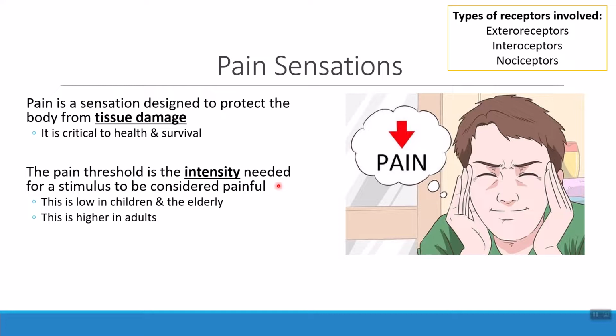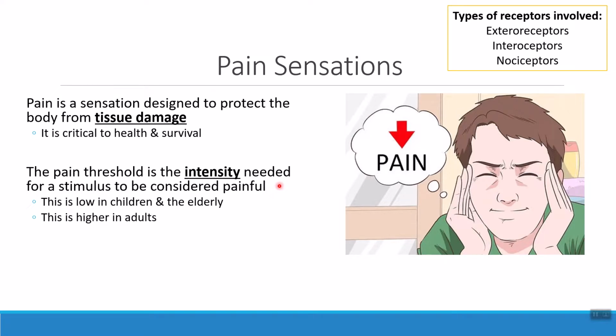In children and the elderly, the pain threshold is lower than it is in adults. But with this pain threshold, keep in mind that this is literally a physical factor. How much do I need to stimulate a receptor to get that receptor to register pain?